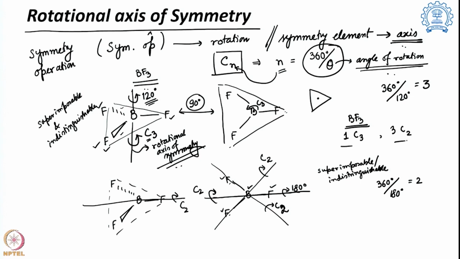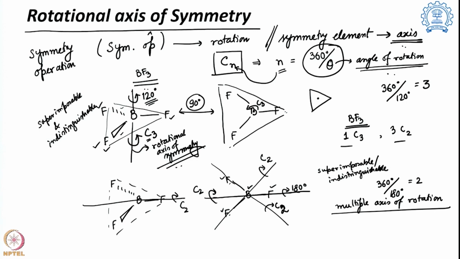Now, if you have a molecule with multiple axes of rotation, we have to find out which of them is going to dominate in the symmetry definition and their properties. Over here we found that the symmetry operation which gives me a superimposable and indistinguishable structure with minimal movement is going to be the higher symmetry operation.